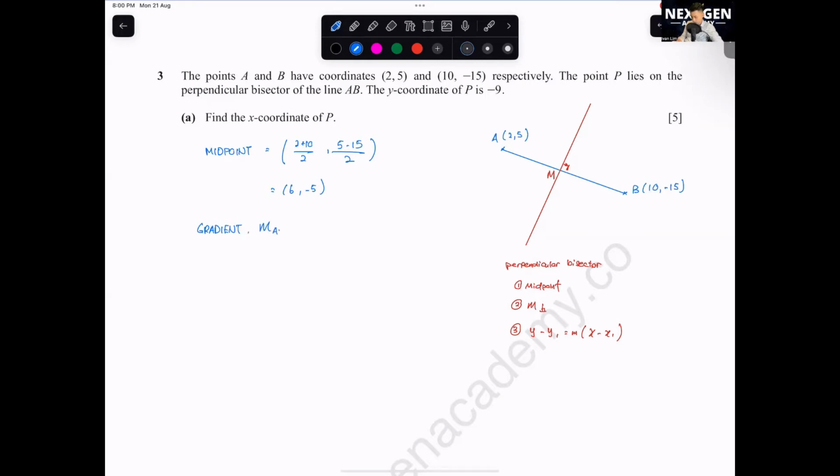So m of AB is negative 15 minus 5 over 10 minus 2, which is negative 20 over 8, so here you get negative 5 over 2. Then the gradient of the perpendicular will just be 2 over 5. You just need to negative reciprocal, or negative inverse, it.